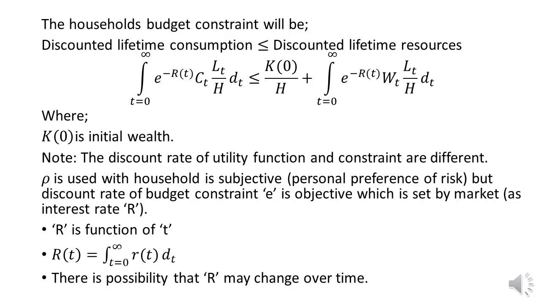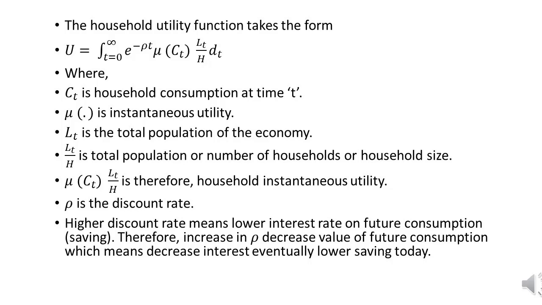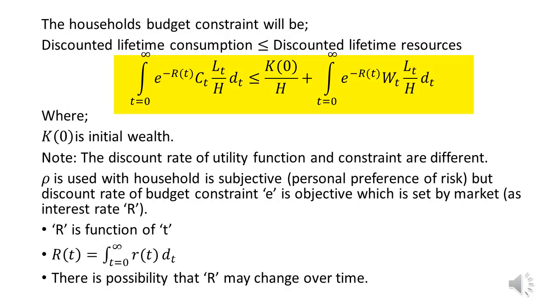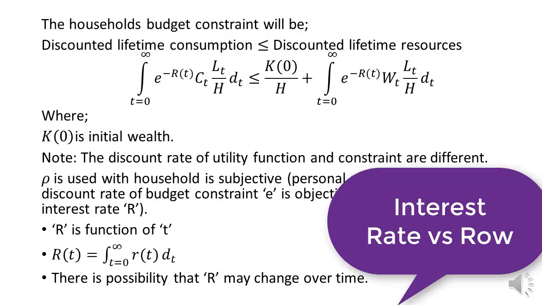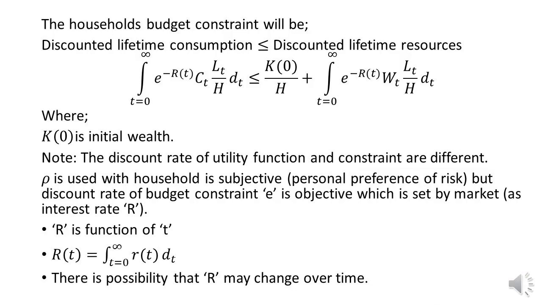Note that this discount rate of the utility function and the constraint are different. So this one and this one are different. Household uses a subjective discount rate that is based on their personal preferences for risk, but the discount rate in the budget constraint is set by the market and it is objectively set.